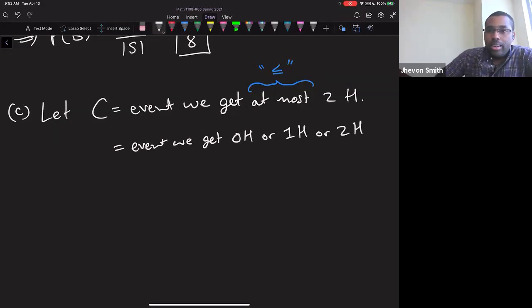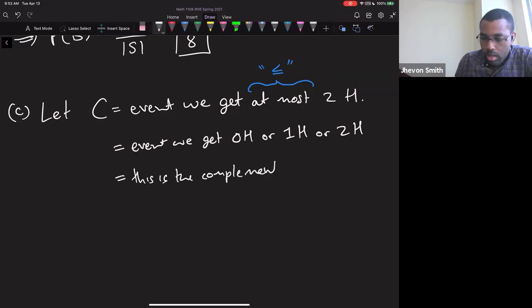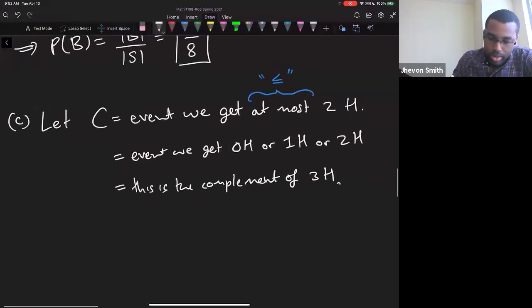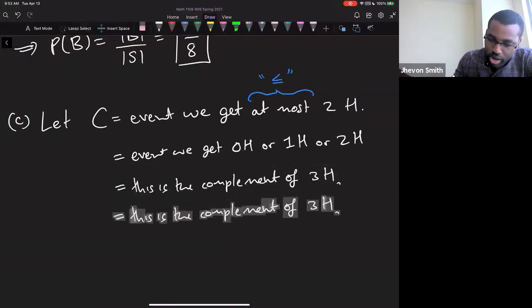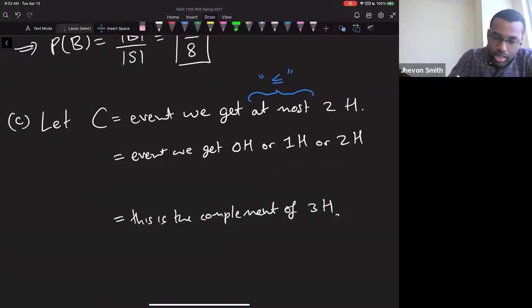Now that's a lot. Notice that this was, of course, the complement of 3 H's, right? So this seems like a lot to count. So I probably wouldn't want to do that directly. Just by describing it in words, it seems like a lot to count to me.